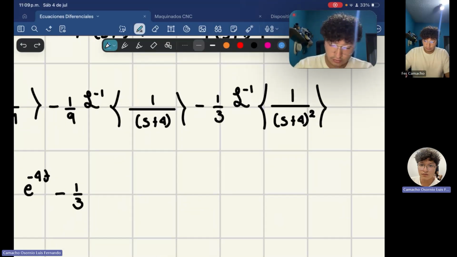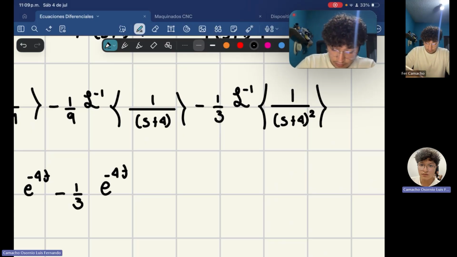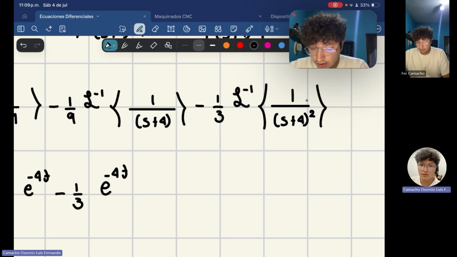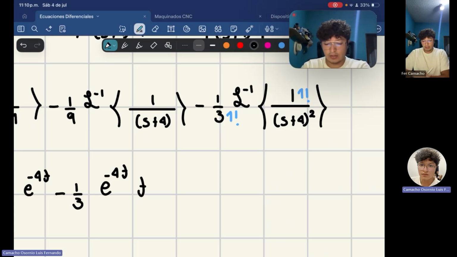So we are going to apply this substitution, that is a minus 4, that is minus a, multiplied by t, and we are going to have n plus 1, so we have n factorial, and it's the same as saying that we have t elevated to 1.